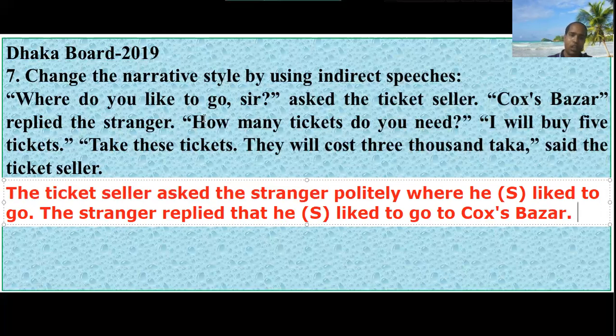So next, how many tickets do you need? The students, here the speaker is the ticket seller. Previously, the ticket seller said another question, and this is the second question of the ticket seller.